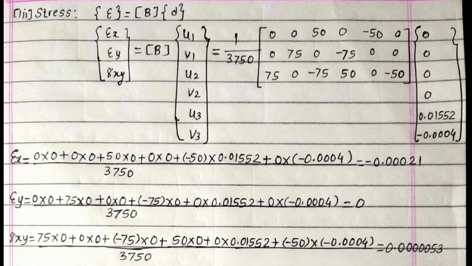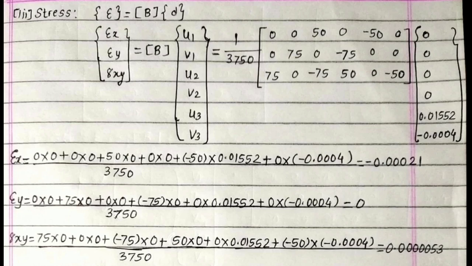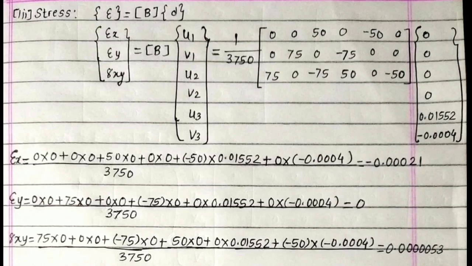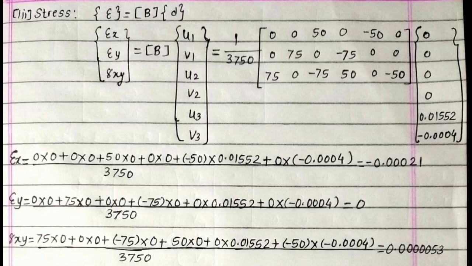I will calculate strain epsilon x as the first row multiplied by the column. That is 0 into 0 plus 0 into 0 plus 50 into 0 plus 0 into 0 plus minus 50 into 0.01552 plus 0 into minus 0.0004, divided by 3750. So I will get its value equal to minus 0.00021.